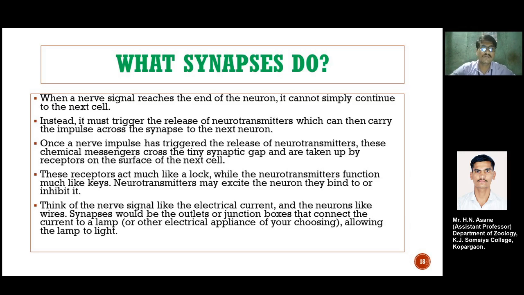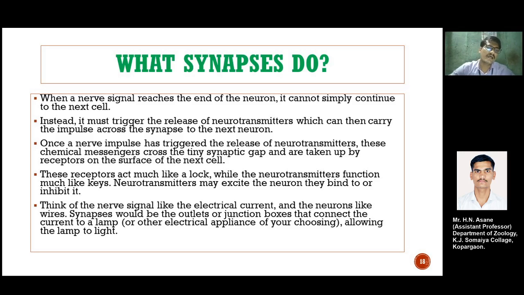Neurotransmitters may excite the neuron they bind to, or inhibit it. This neurotransmitter does either of two functions: they might excite that particular process, or they might stop that process, which means they might inhibit it.